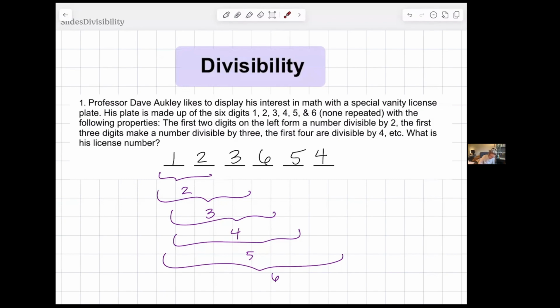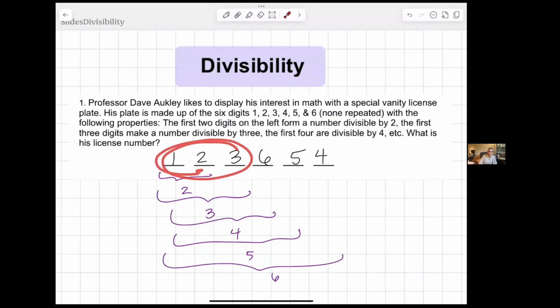Okay, so this thing had to be divisible by 2. Looks like 12, definitely divisible by 2, right? 12 divided by 2 is 6. We're good. We can also see that this second number is even, so we're okay. Okay, divisibility by 3, that rule is a little bit tricky. If you remember, for a number to be divisible by 3, do we remember what that rule is? Very good.